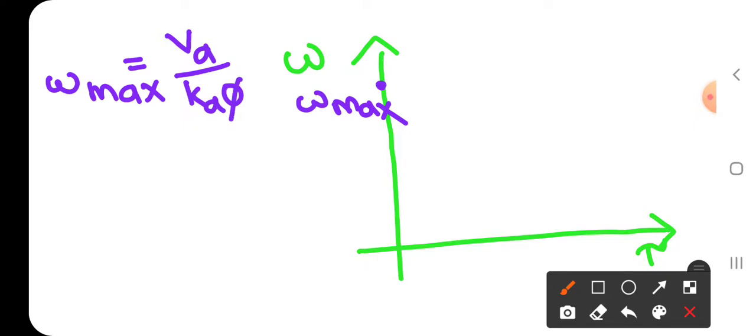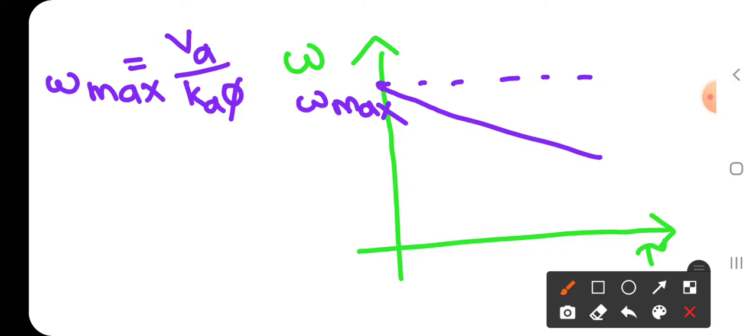Now as the torque is increasing, the Ra by Ka phi whole square term is added in the equation. Therefore omega is decreasing, so it will be like this.